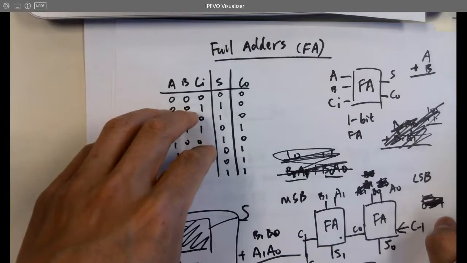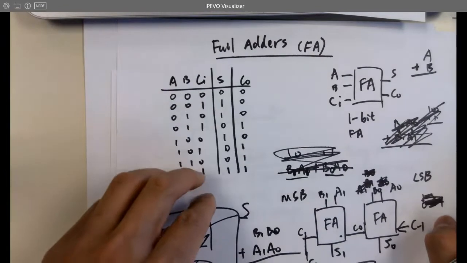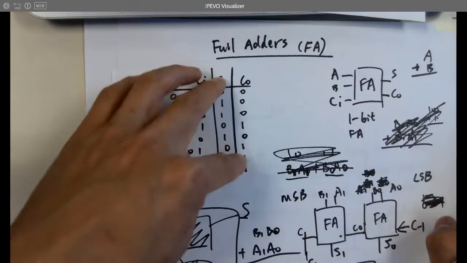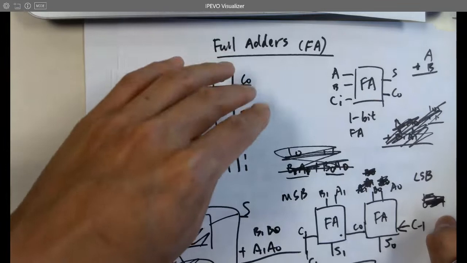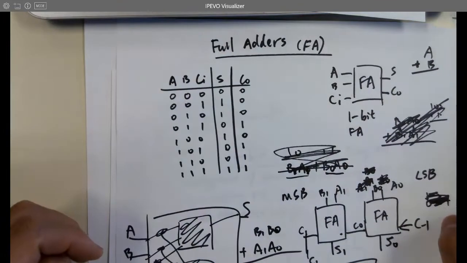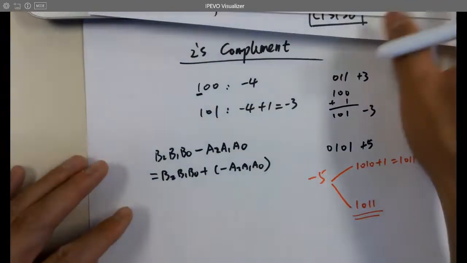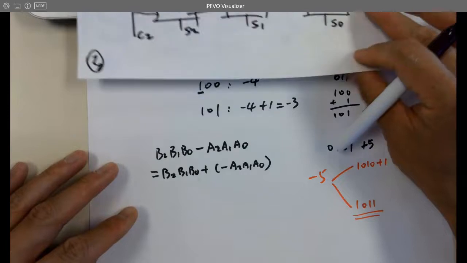Yes, right? You just list all the combinations of the inputs and the subtraction results, and then maybe a carry. The thing is, this is where you are doing two's complement in the computer. Why not directly use the full adders to do it?